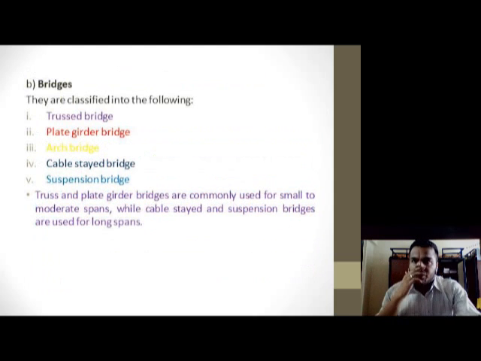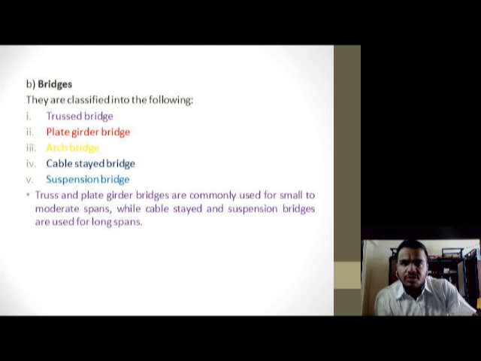And coming to the bridges, bridges are classified into truss bridges, plate girder, arch bridge, cable stayed bridge, and suspension bridge. So these are the different types of bridges. Truss and plate girders are commonly used for small to moderate span bridges, while cable stayed and suspension bridges are for long spans.